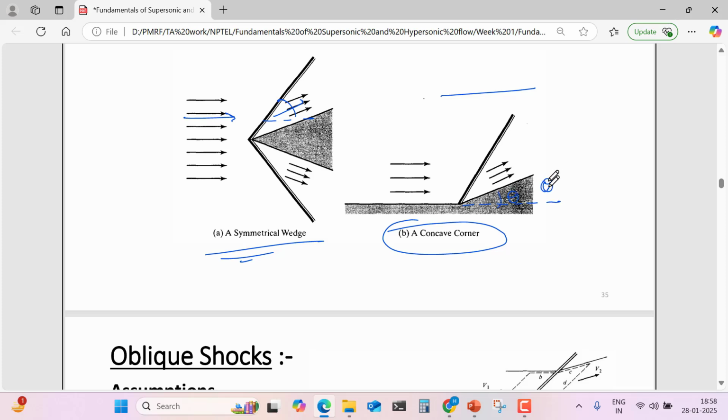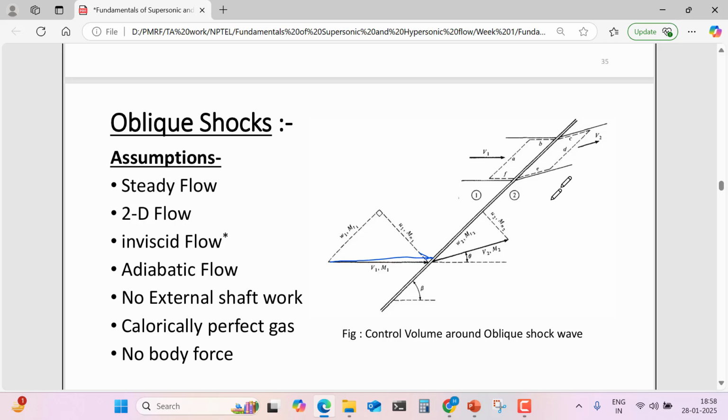Due to this theta angle, the flow will also turn at theta angle, and it is V2 M2. We have taken one control volume like this and resolved all the velocities in the normal and tangential direction of the shock, due to which we got U1 Mn1, U2 Mn2, and W1 Mt1 and W2 Mt2.